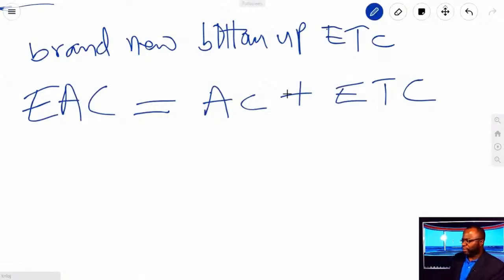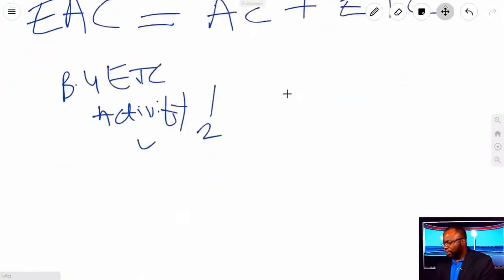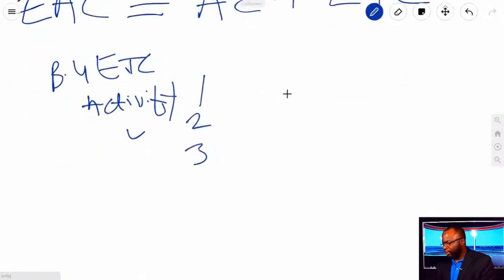What do we mean by a brand new bottom-up ETC? Well, bottom-up ETC will mean activity 1, activity 2, on and on need to be estimated.